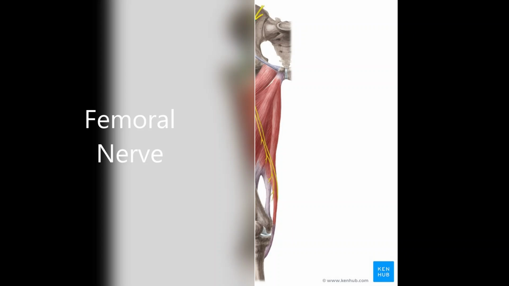It passes deep to the inguinal ligament to enter the thigh, lying on the lateral side of the femoral sheath. Before entering the thigh, it supplies the iliacus and pectineus. In the thigh, it supplies quadriceps femoris and sartorius.